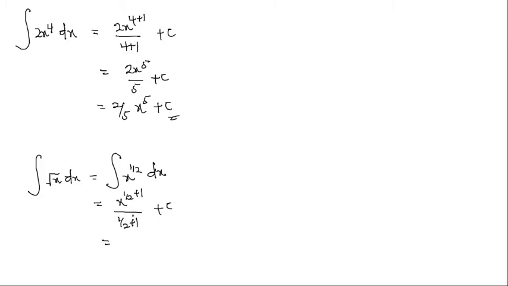Now if we add 1 to half, that becomes 3 over 2. So we have x raised to the power 3 over 2, over 3 over 2, plus c. If we rewrite all of this, we bring this to the top, it becomes 2 over 3 multiplied by x raised to the power 3 over 2, plus c as our answer.